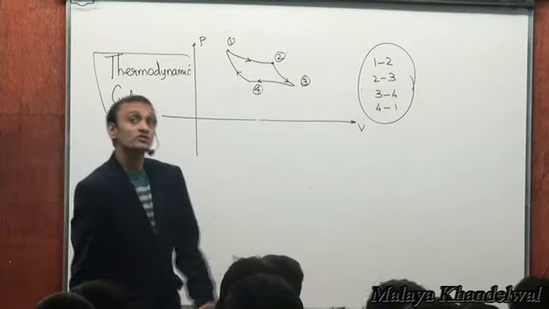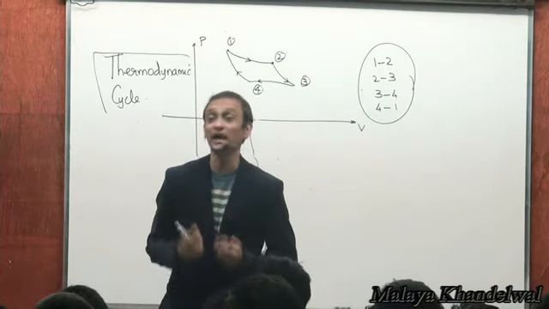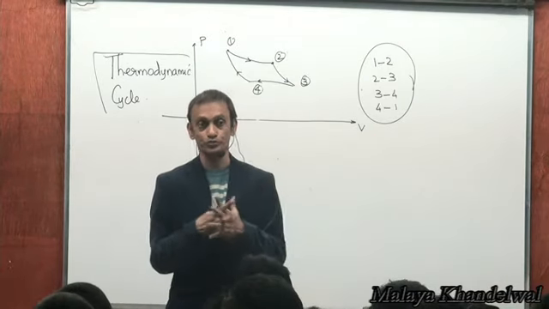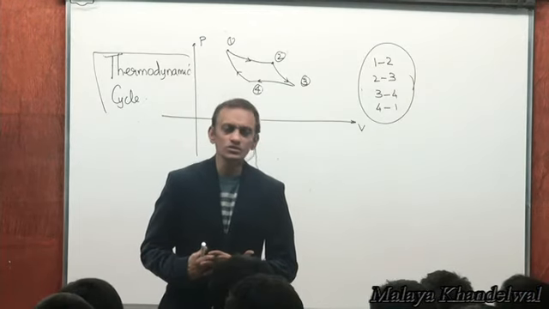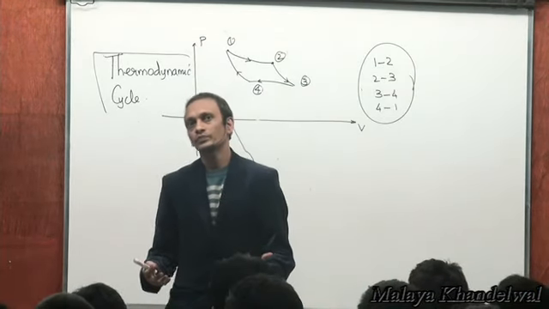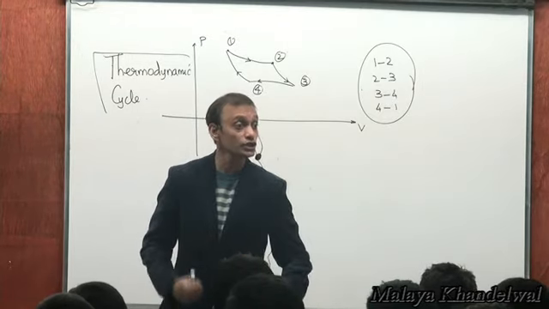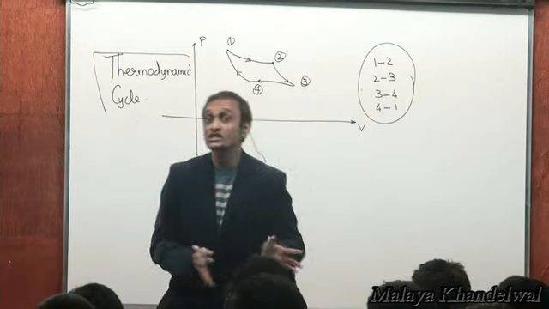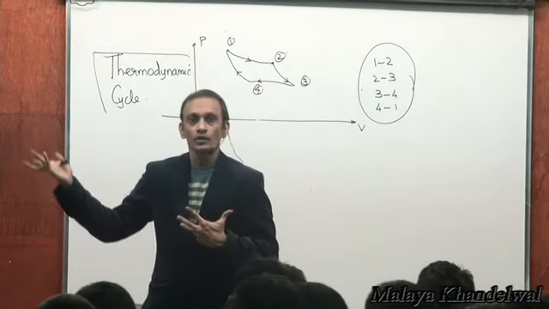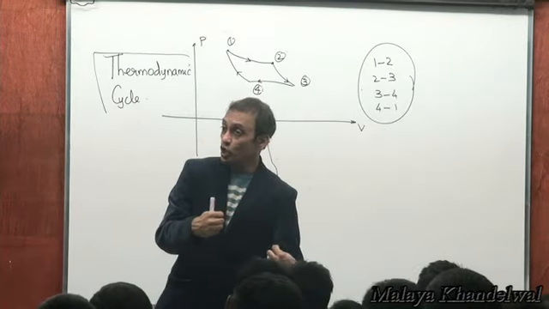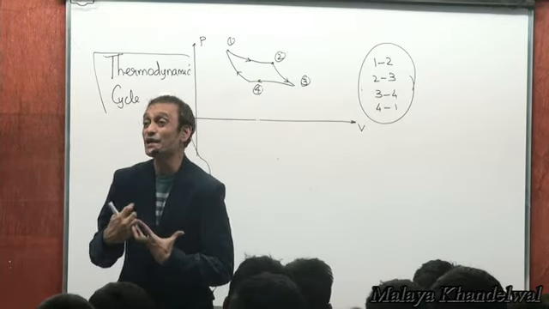Now, the objective of a thermodynamic cycle is mechanical work output. Some of these processes are hungry for energy. They would take energy or heat from the surroundings. Some of these processes would reject heat to the surroundings. Whenever heat is absorbed by the thermodynamic system, that delta Q is algebraically positive.